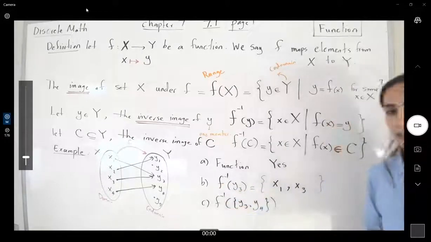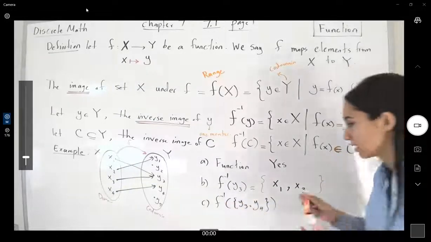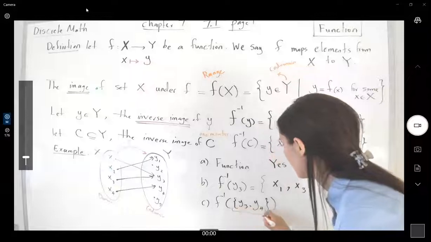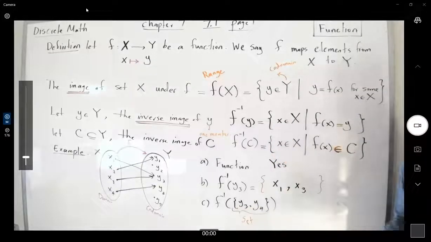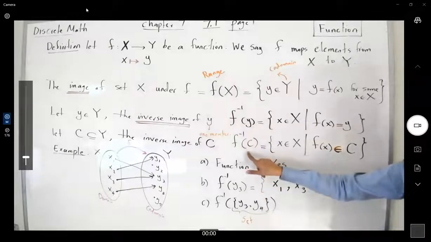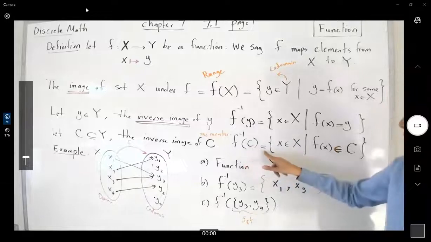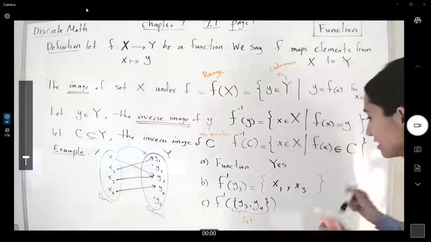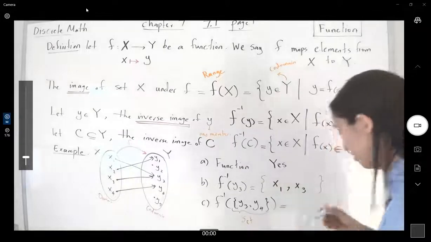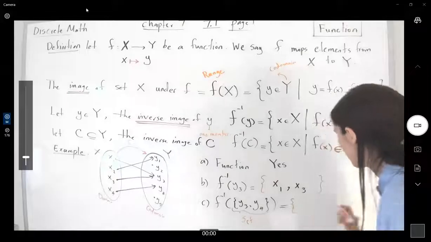In part C, it says, now what is the inverse image of this set? Here you have a set including y3 and y4. Again, take a look at the definition. The inverse image of a set is another set, so we don't forget about the set notation. We're using our curly brackets.